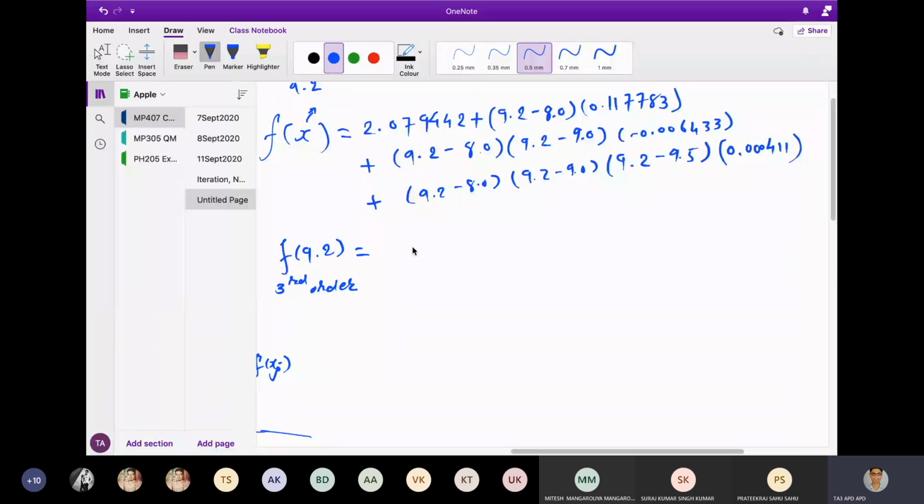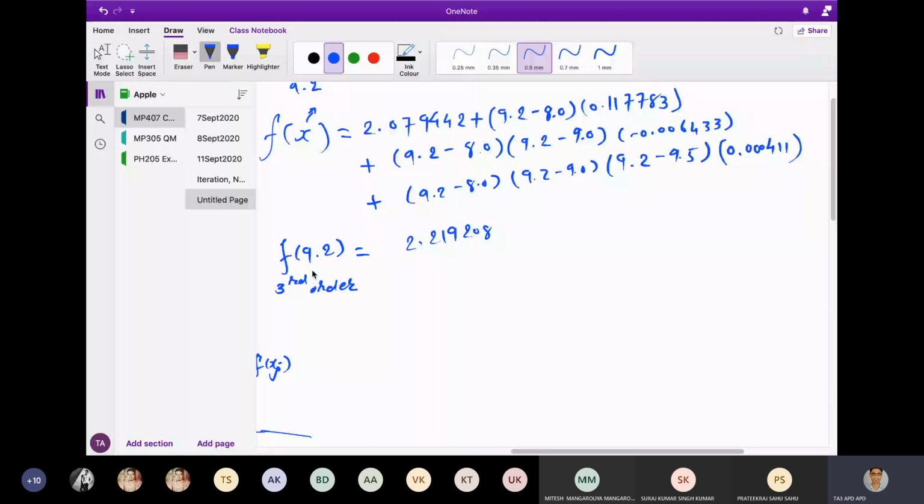So what answer you are getting? 2.219208. Okay, so that's the answer, and I hope everybody is getting the same, 2.219208.